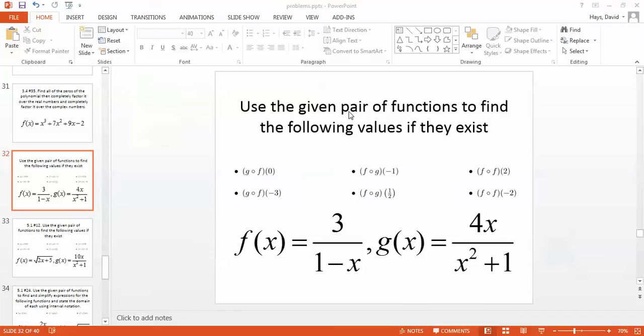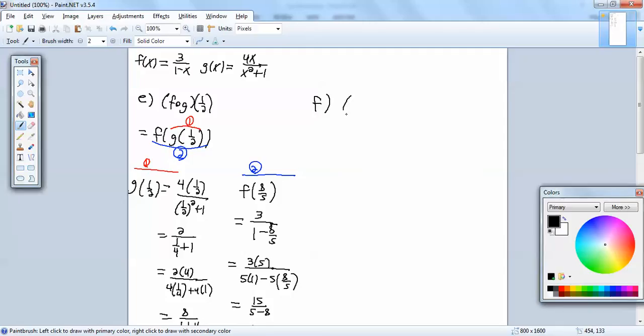F. We'll find the composition of f and f of -2. So we're going to rewrite this as f of f of -2. Now we're going to work on the inner first. So focus on this. We want to find f of -2.